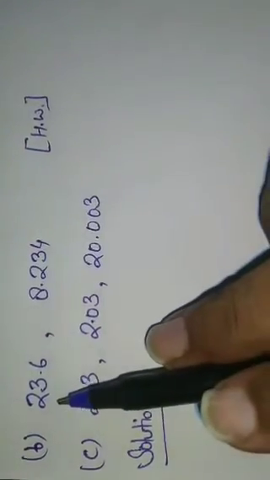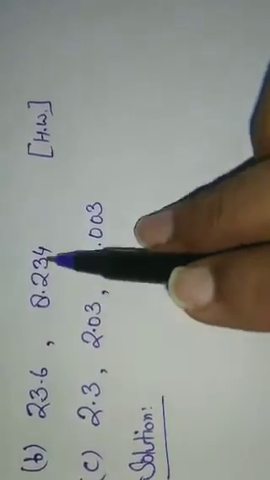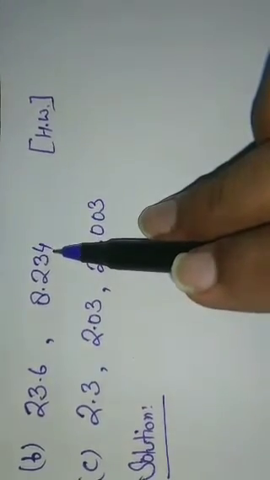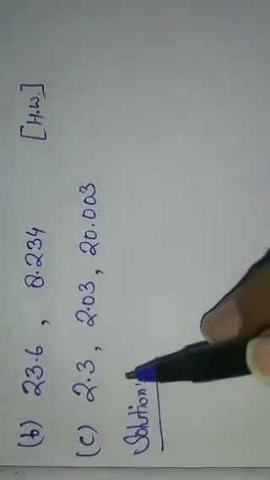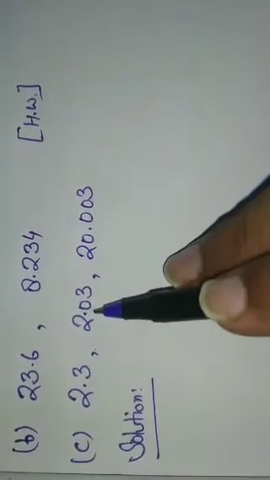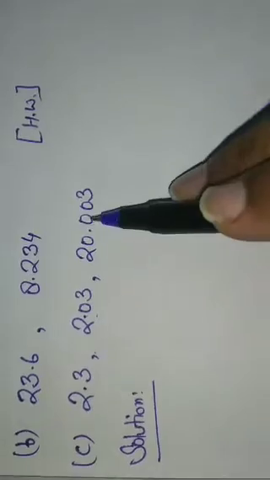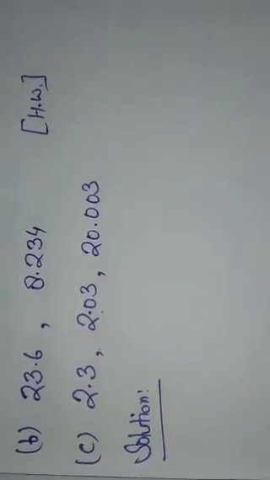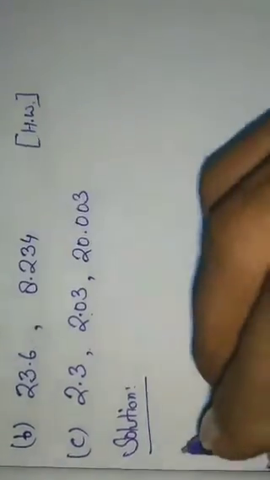In B part the numbers have been given 23.6 and 8.234. So that question you will solve in your homework. Now look at the C part. In C part the numbers have been given 2.3, then 2.03, then 20.003. So how can you convert it? Look here.